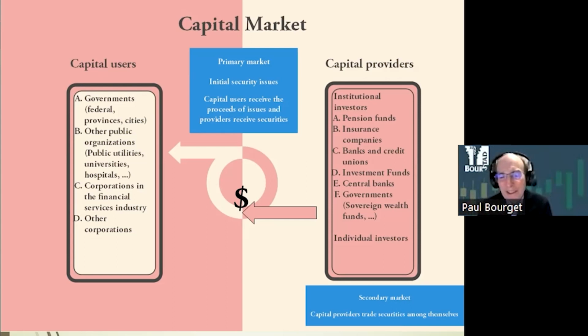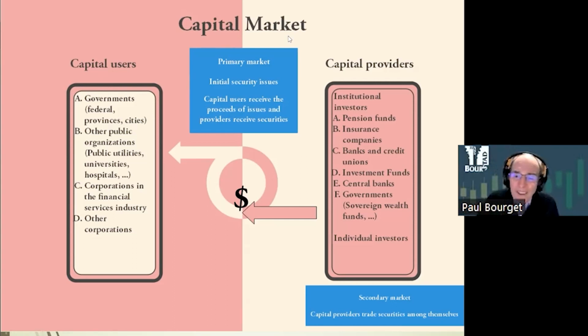Normally, central banks are not really capital providers, but they have been doing exactly so since a few years, when they entered a policy of very easy money, easing the financial conditions on the markets by just buying mostly government bonds on the market.